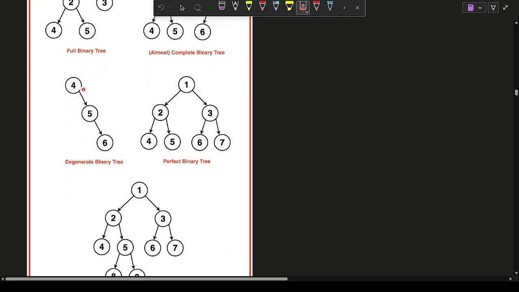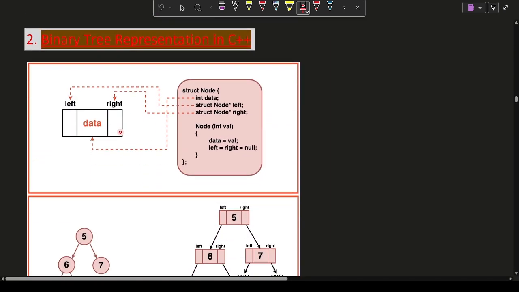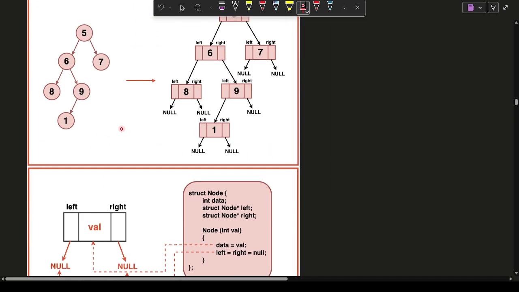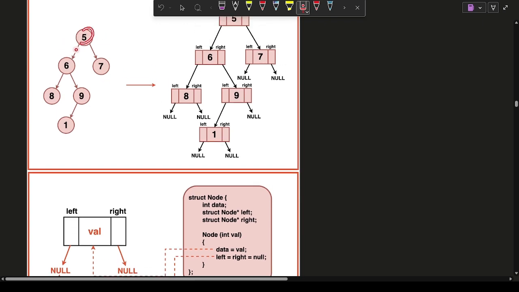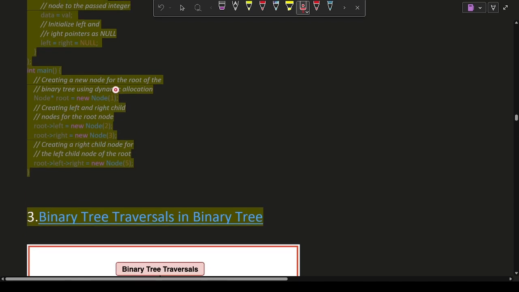In simple terms, the root is connected by a sub branch on one side, and this may maximize the height of the tree. So here is the representation. This is the root and it is connected like that. Thank you.